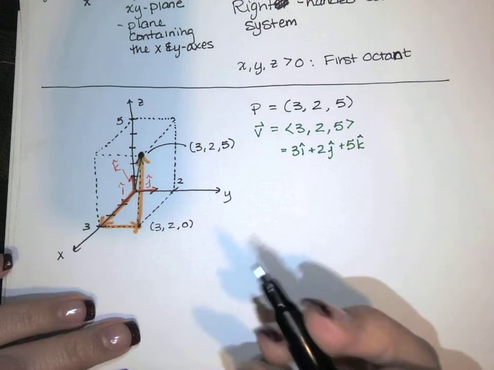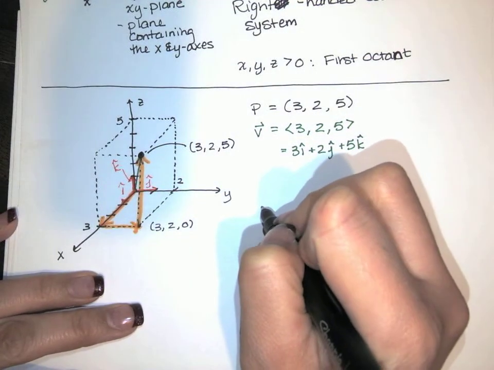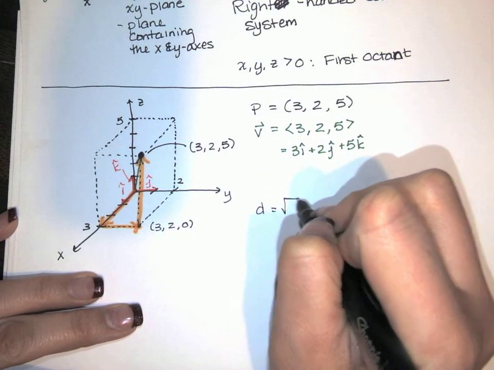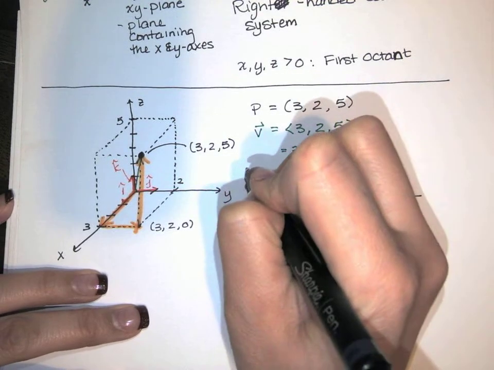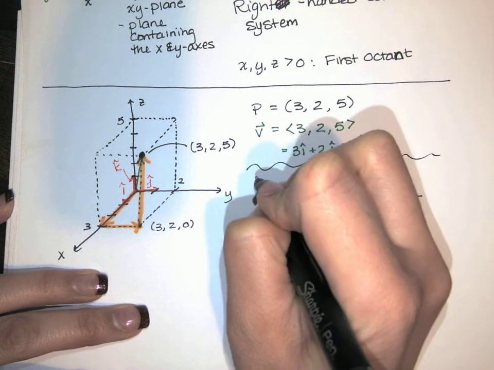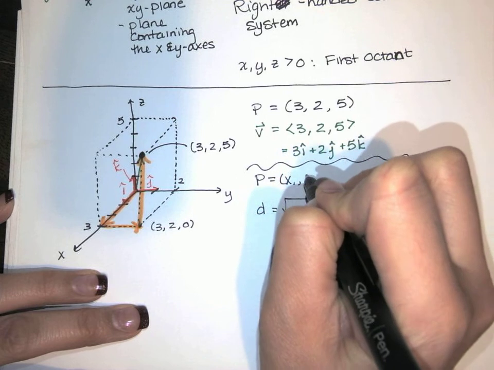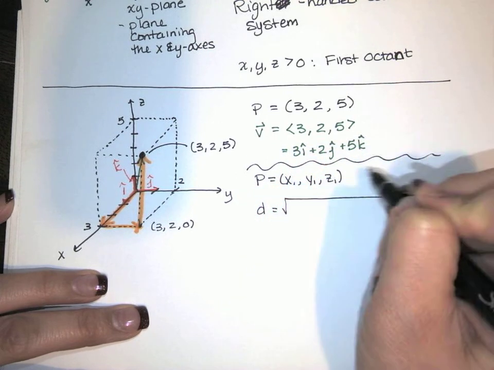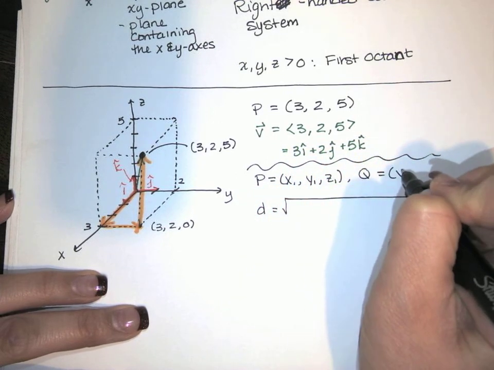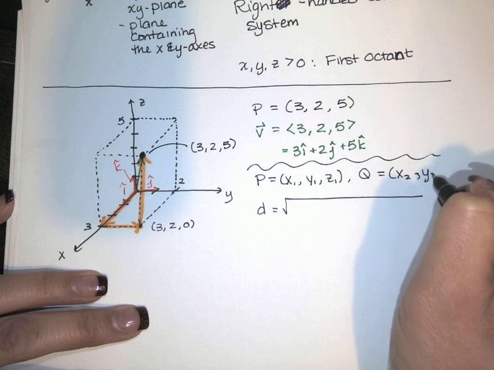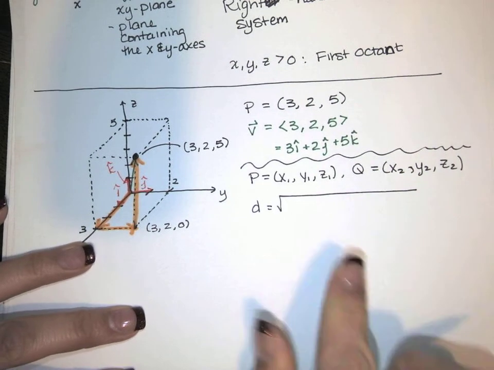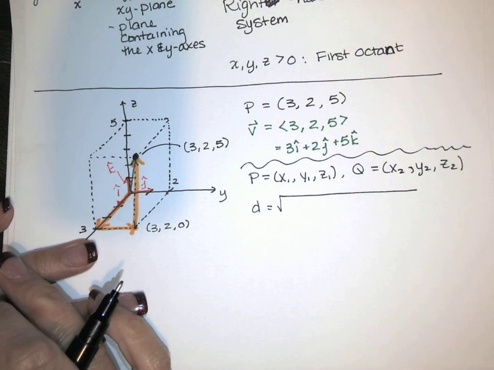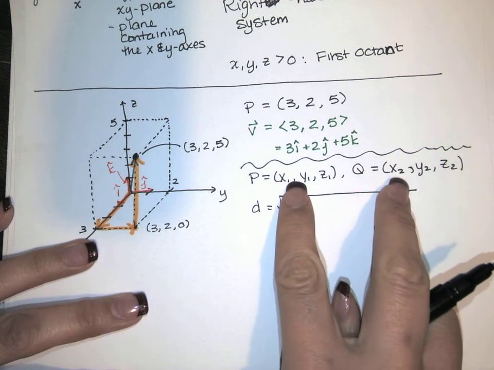Now we talked about the distance formula. Distance in 2D or 3D was this. If I've got 2 points, x1, y1, and z1, and x2, y2, and z2, and I'm trying to find the distance between those 2 points, I just subtract the coordinates.